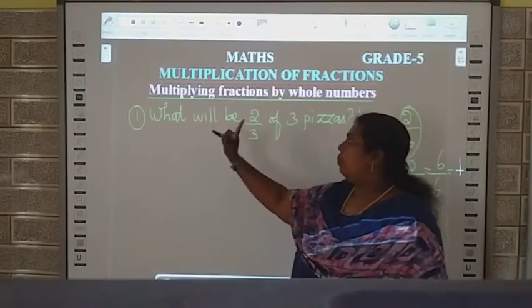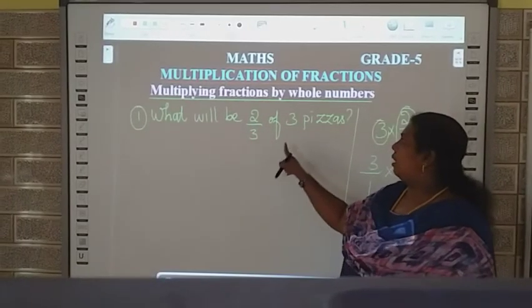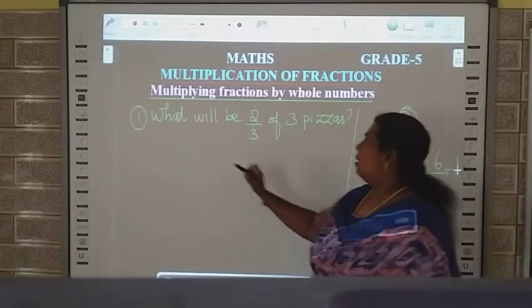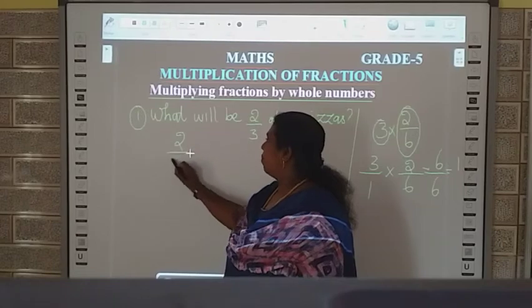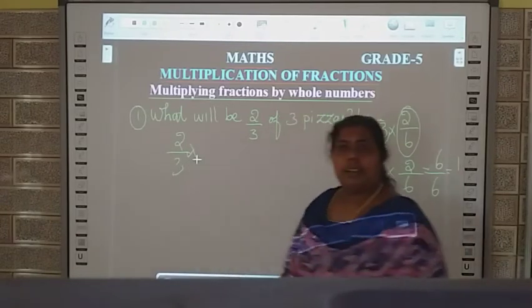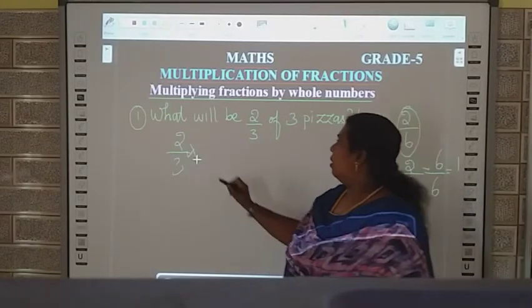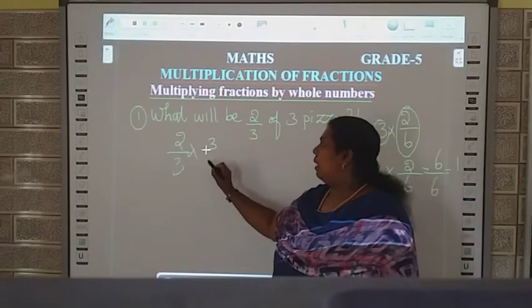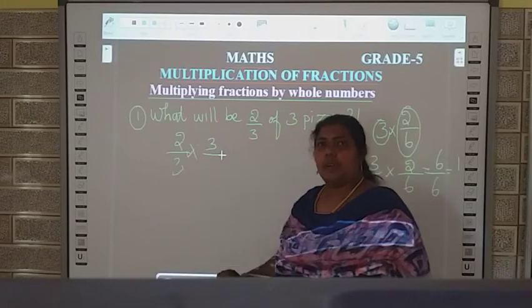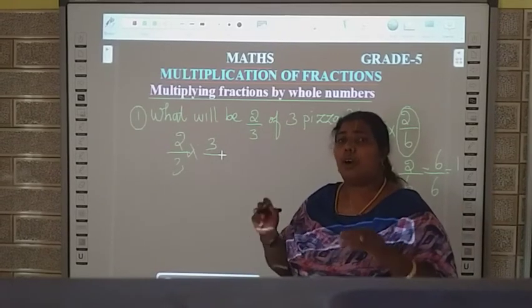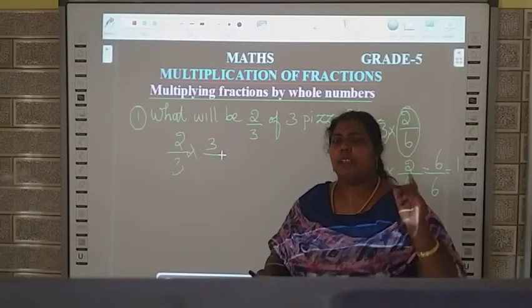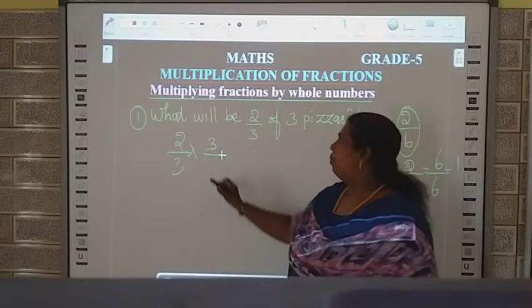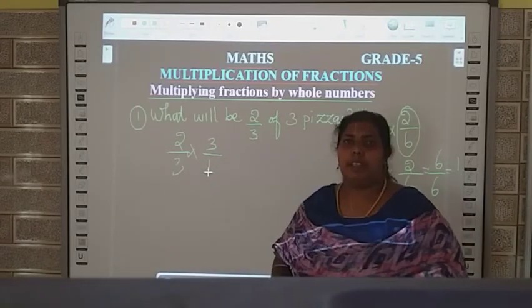First example, what will be 2 by 3 of 3 pizzas? So 2 by 3 of 3, you can put a multiplication symbol. Now here the denominator of 3 is what? I said all whole numbers have denominator 1. Here the denominator value is 1.